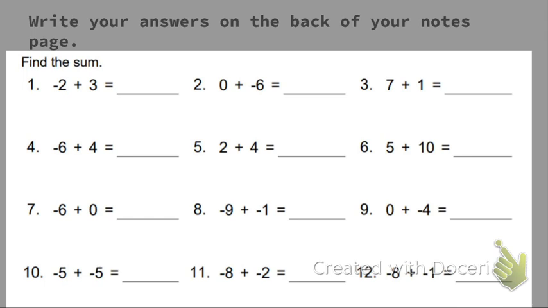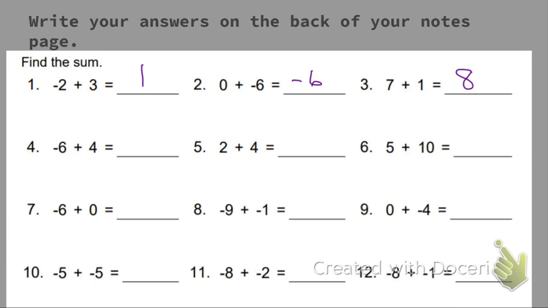Number 1, I see different signs, so I'm going to subtract, and the larger number is positive, so it's positive 1. Number 2, 0 plus anything is simply that number. 7 plus 1, they're both positive, so I'm going to add, and it's going to stay positive.